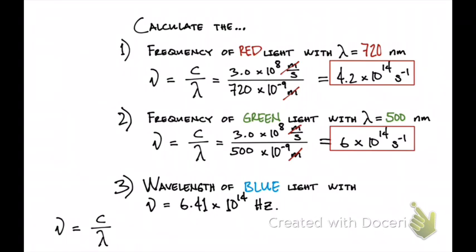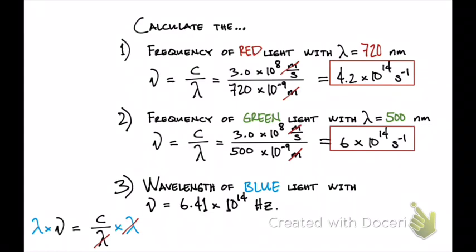So we can use algebra here to isolate the wavelength. So we want wavelength by itself, so we're going to move it to the left-hand side of the equal sign, and then move frequency to the right-hand side of the equal sign. So to do that, we're going to multiply both sides by wavelength. And you can see that the wavelength will cancel out on the right-hand side of the equal sign.